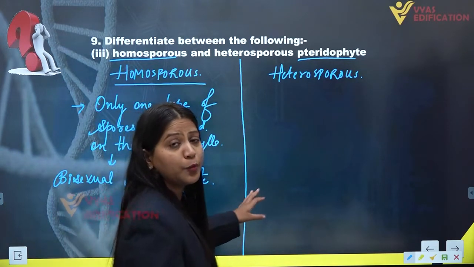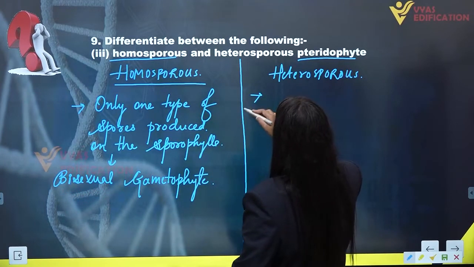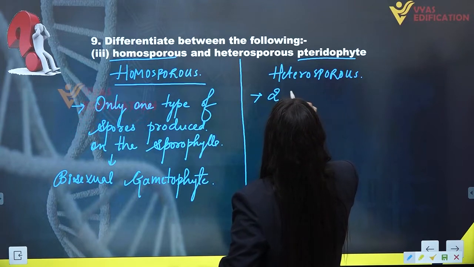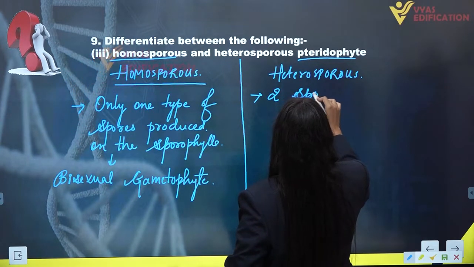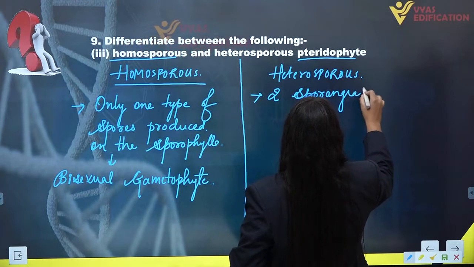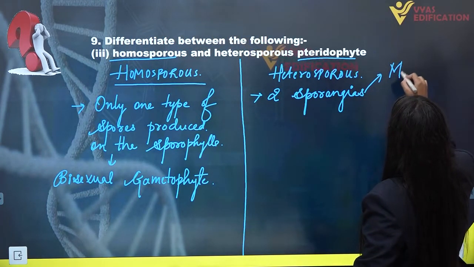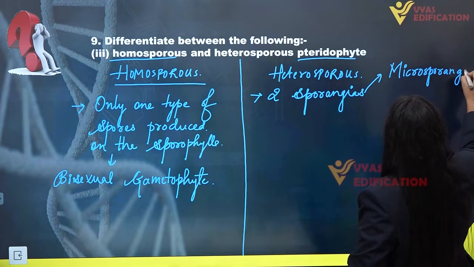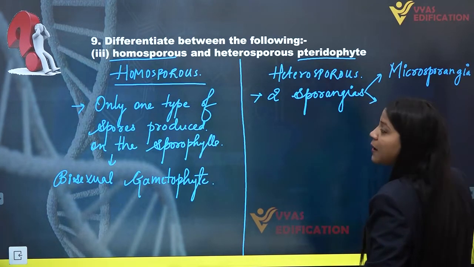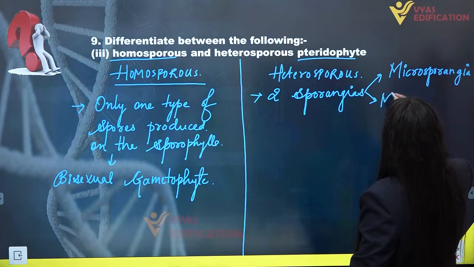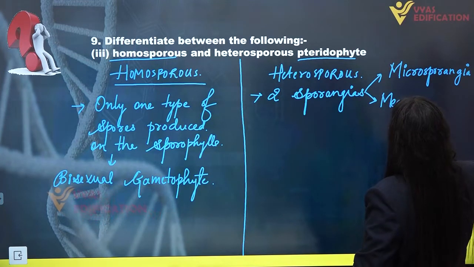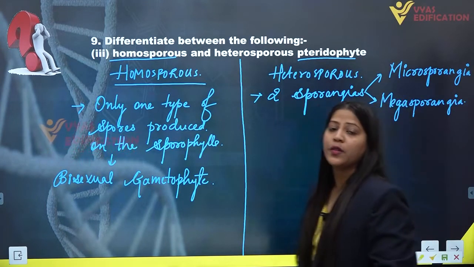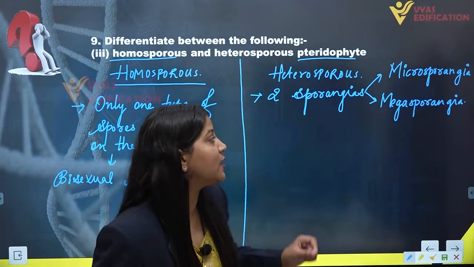And in case of heterosporous pteridophyte, there is presence of sporophyll, and sporophyll have two types of sporangia. One is microsporangia, and another one is megasporangia, inside which the microspores and megaspores are formed.